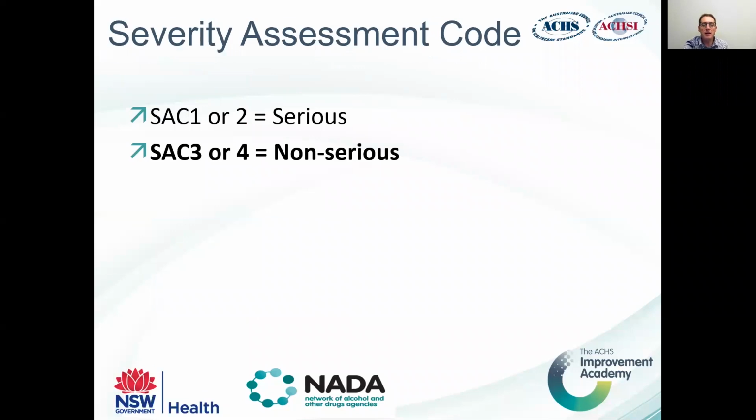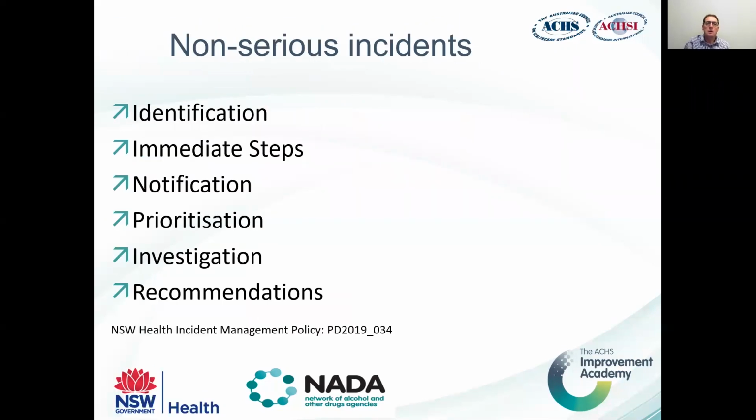And then from there, if it's SAC 3 or 4, it's a non-serious incident. For the steps for the non-serious incident, I'd like to refer you back to the New South Wales Clinical Incident Management Policy. That's got some really nice principles and a set of steps that you can work through.